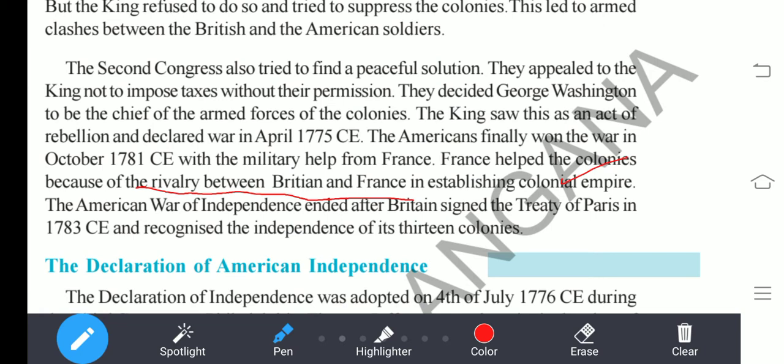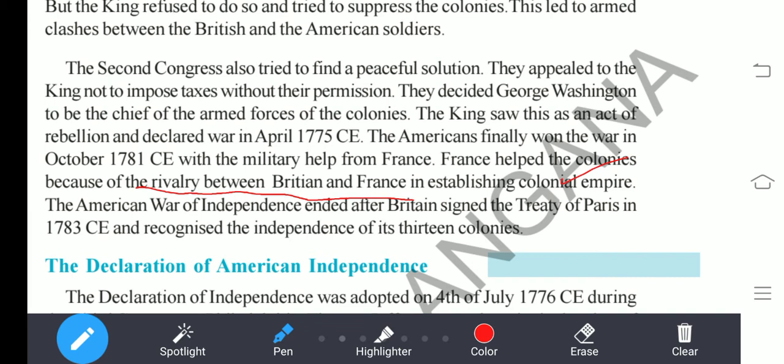The American people were struggling to get independence from Britain. France also had enmity with Britain in establishing the colonial empire. So the enemy of Britain, that is the Americans, turned friends with France, right? So France helped America. If America succeeds, France is happy, because it is a defeat of Britain.